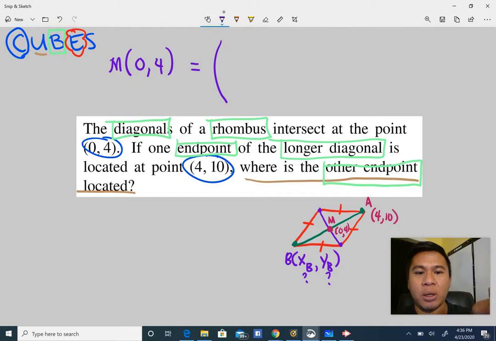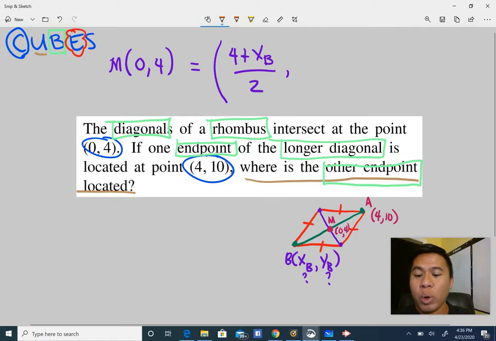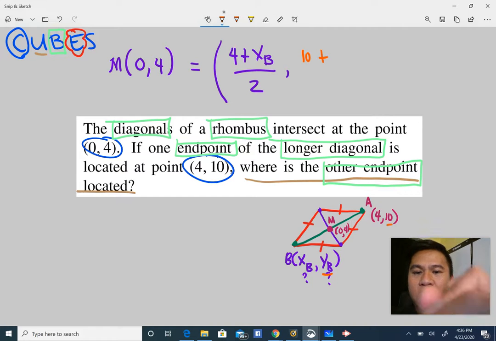That will be 4 plus xb all over 2 for the x coordinate, and for the y coordinate, that will be 10 plus yb all over 2.